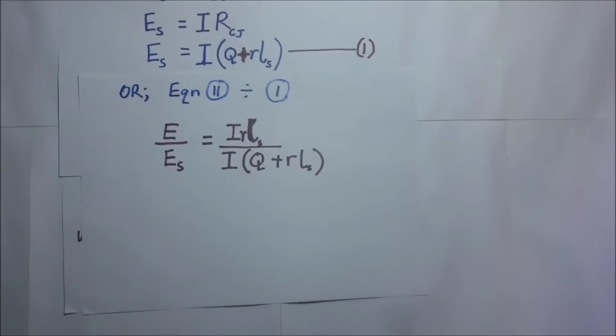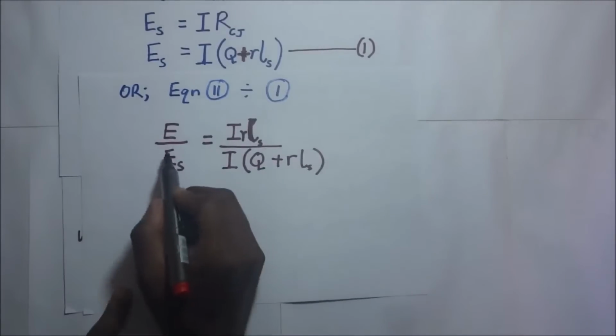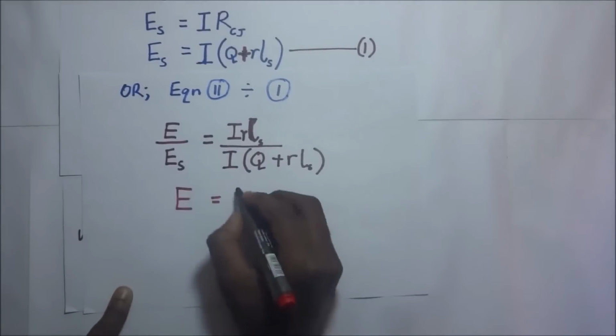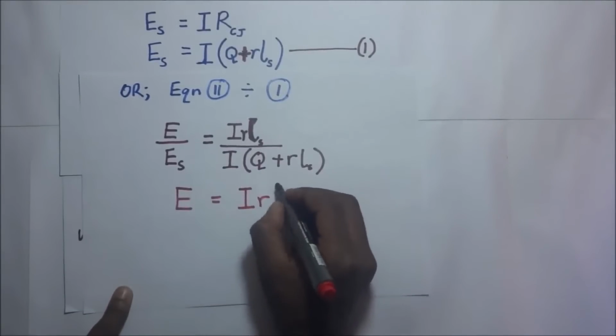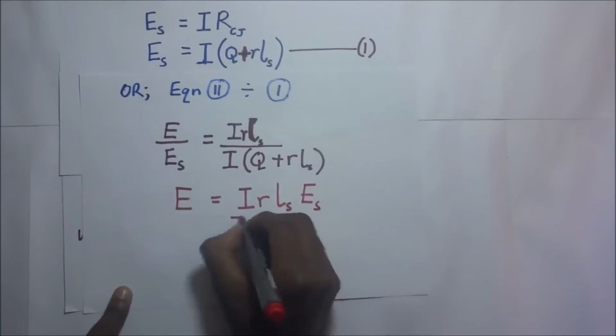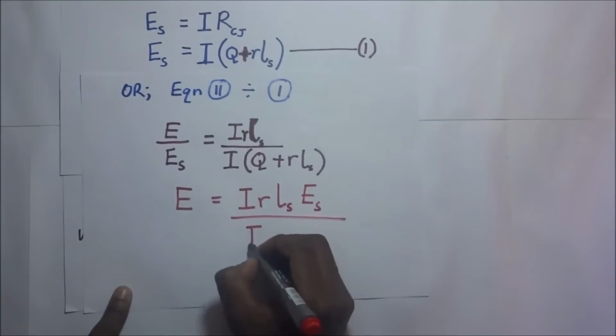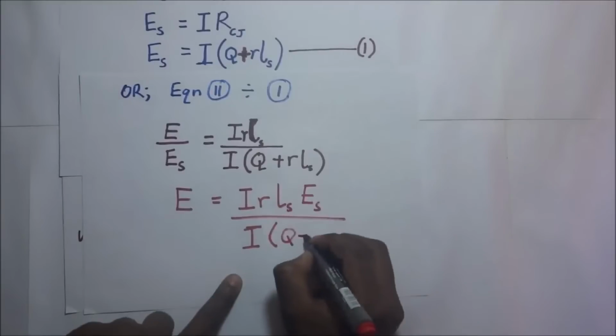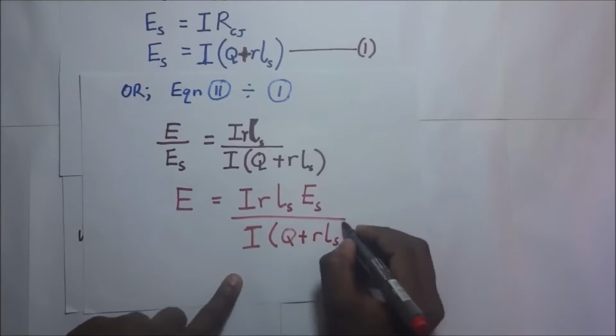And from here, we can make E the subject of the formula by simply saying E is going to be I R LS times ES, divided by what is down here, which is I into Q plus R LS.